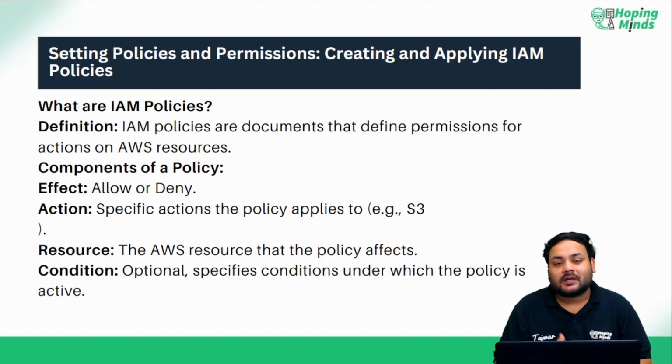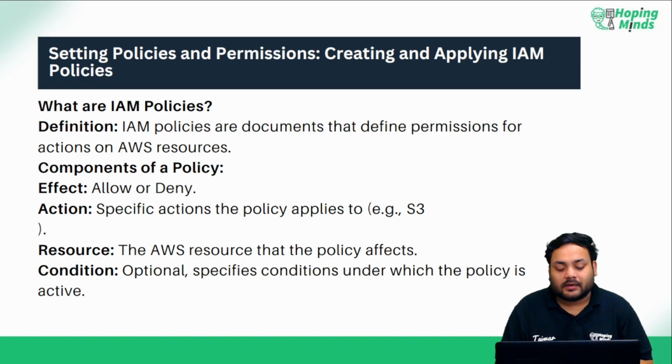So a policy is just a rule, or a document in which we have a set of permissions, by which we decide what kind of actions we are going to perform on a particular resource. Now we have some components of a policy. First we have effect. The effect is basically allow or deny, whether you are going to allow that action or not. Then we have actions, which define which service or which operation your policy applies to.